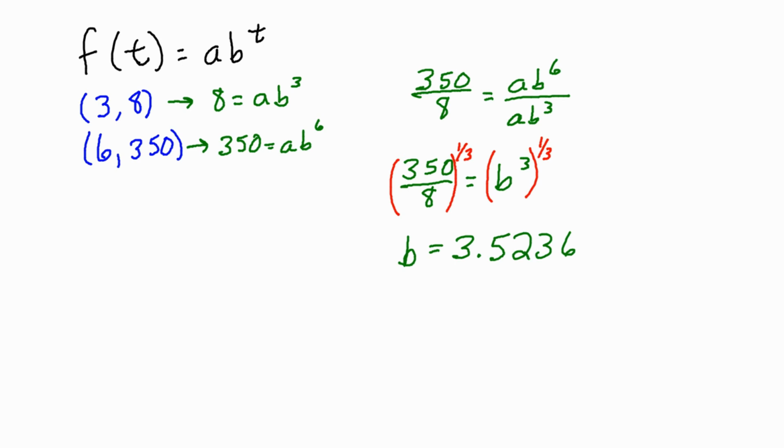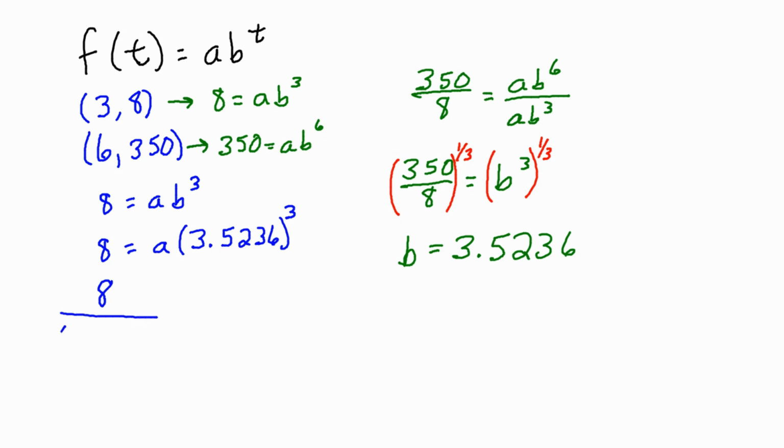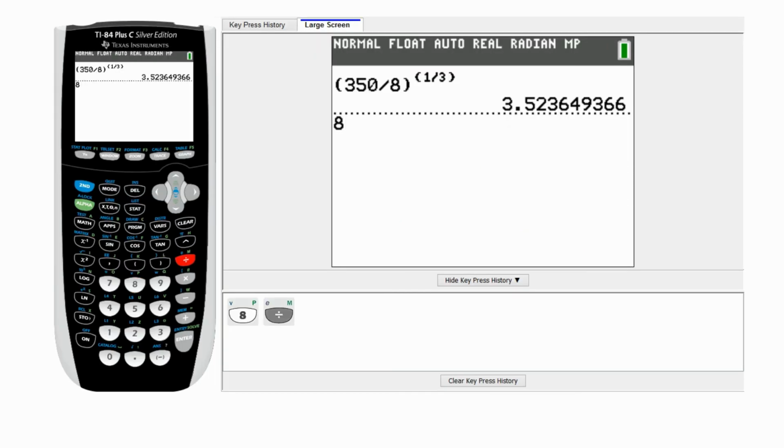If I take my equation, 8 equals a b to the 3rd, and substitute in b, 8 equals a times 3.5236 to the 3rd power. 8 divided by 3.5236 to the 3rd power equals a. Calculating, 8 divided by parenthesis.